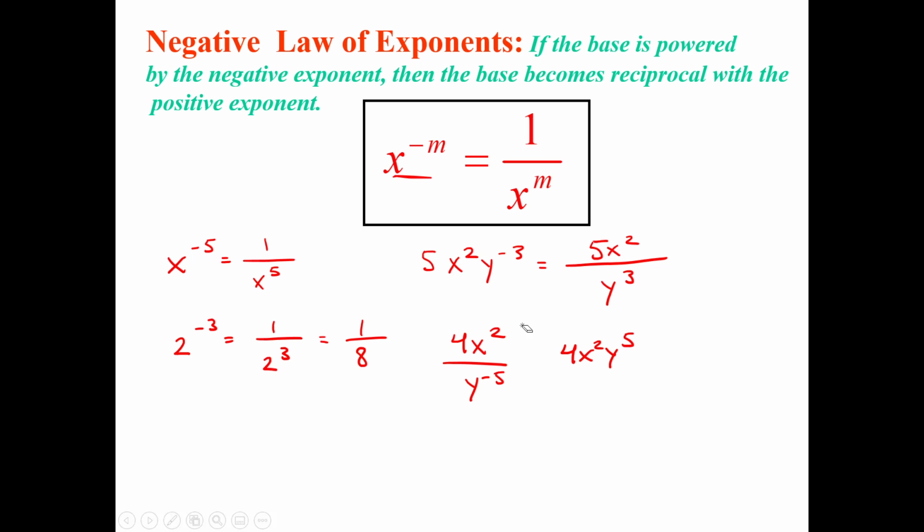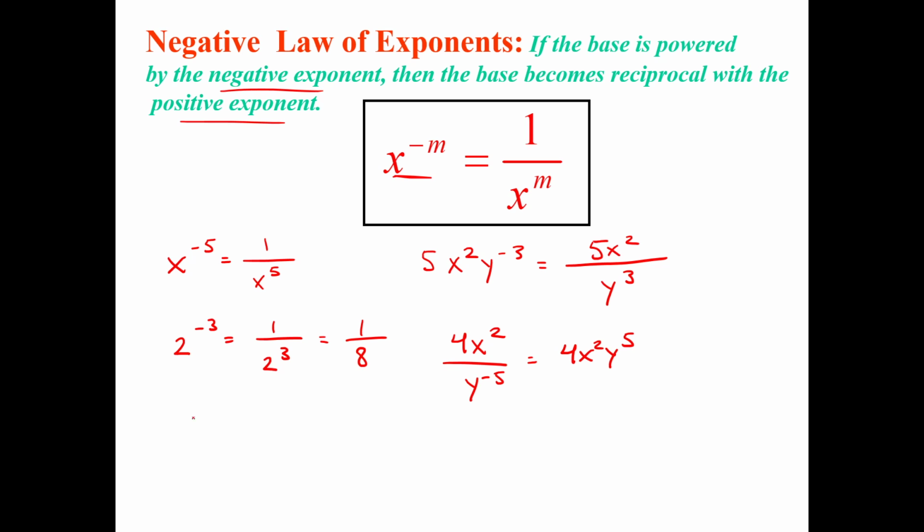These are equal. So they go to the opposite place. If they're in the top, they go to the bottom. If they're in the bottom, they go to the top. And then the negative exponent becomes positive.